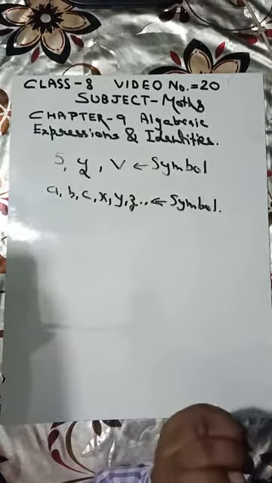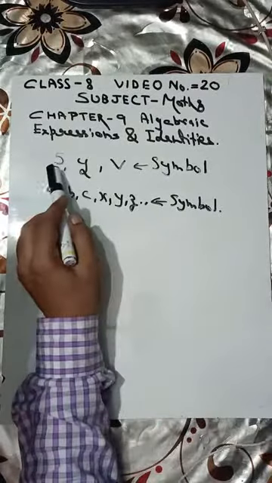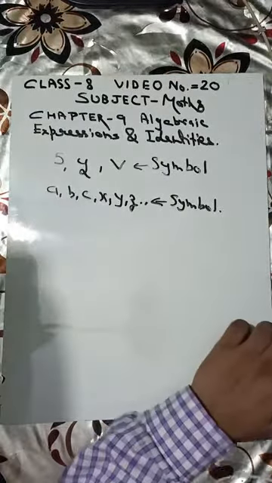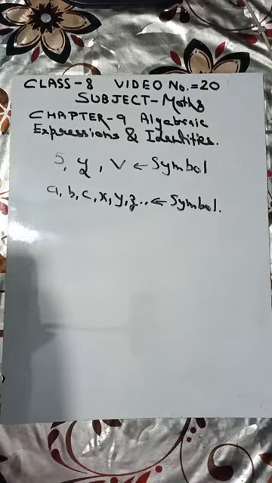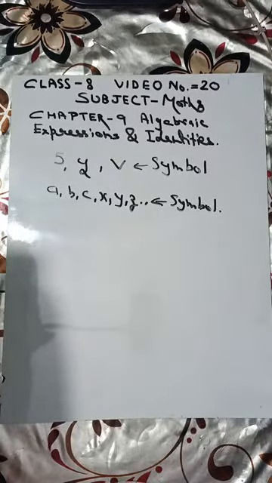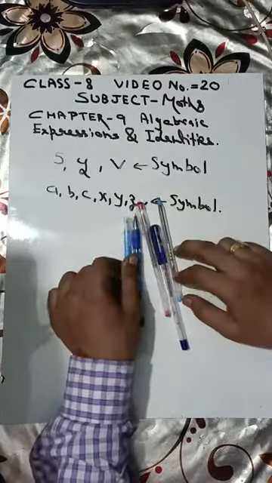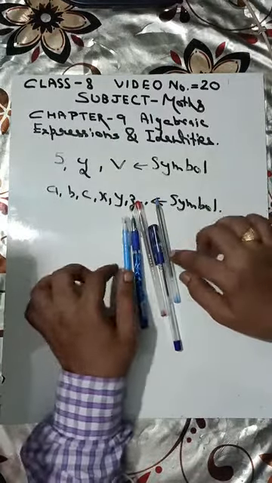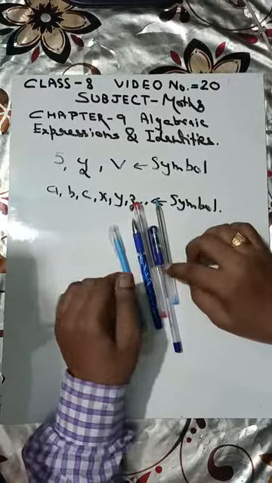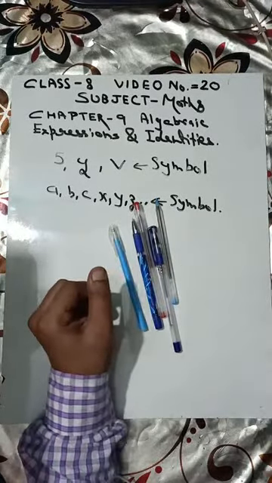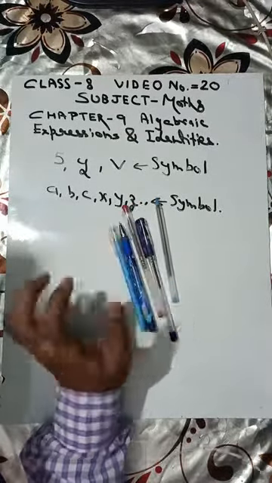Okay, now if I ask you to give me 5 pens, you will give me 5 individual pens like this. If I ask another student of your class, he will also give me 5 individual pens.